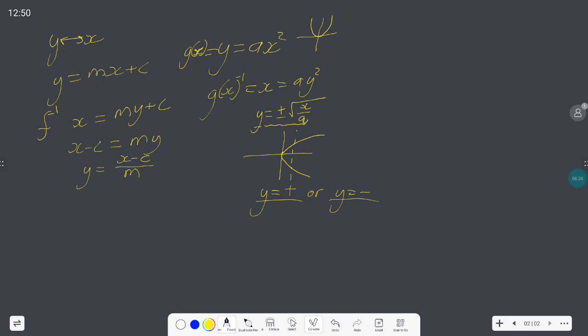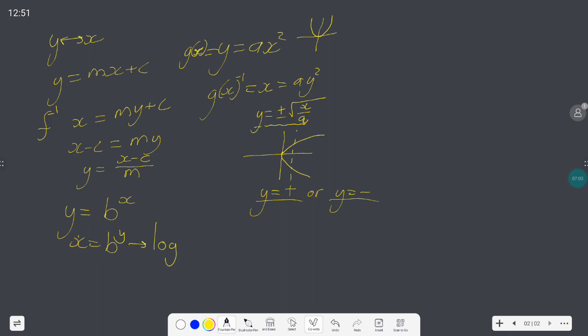Now, another one. We've done these though. y equals b to the power of x. What will be the inverse of this? I will have x equals b to the power of y. But we have done something in order to solve this. We call it a log. Now what do I know?